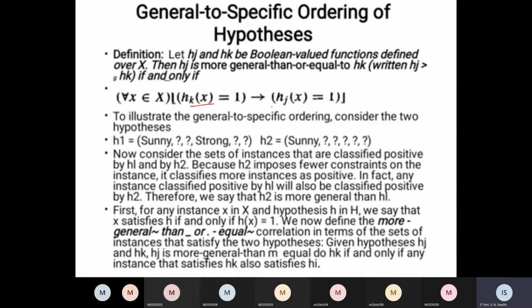Here we have Hk and Hj, two sets of hypotheses, and to understand this we'll take examples. H1 is one hypothesis where sunny and strong, two attributes, are fixed. That means these are specific. These question marks are general; they can accept any type of input. Here only sunny is specific. The remaining 5 are general, and any type of input can be accepted.